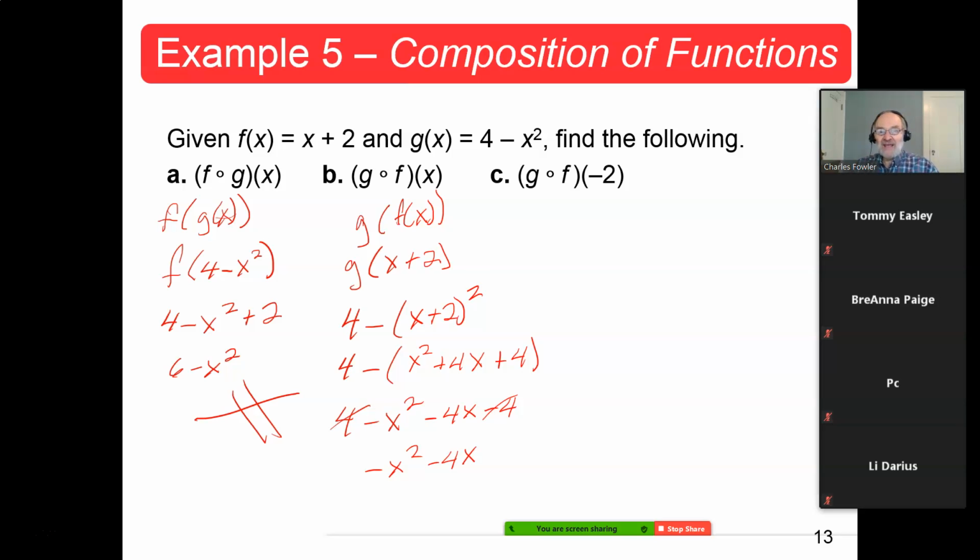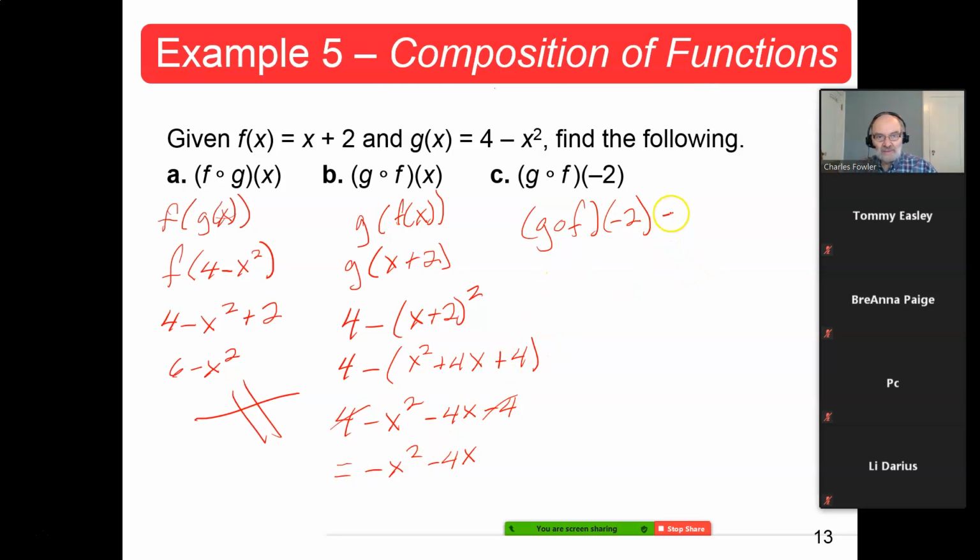Now what they ask for next is this. If I could get my pen to show up. Where are you, pen? There you are. Okay. What is G of F of negative 2? So G of F of negative 2 would be G of F of x, but you put in there a negative 2.